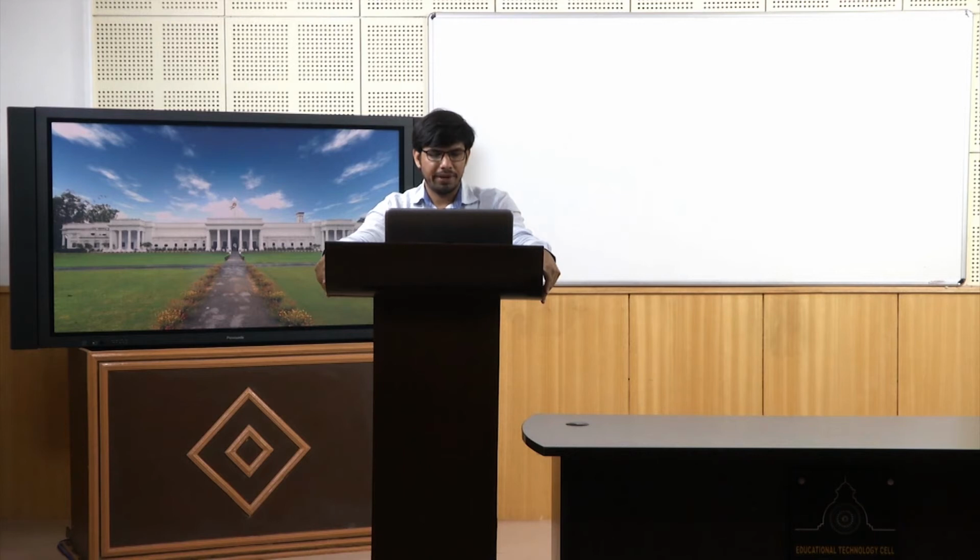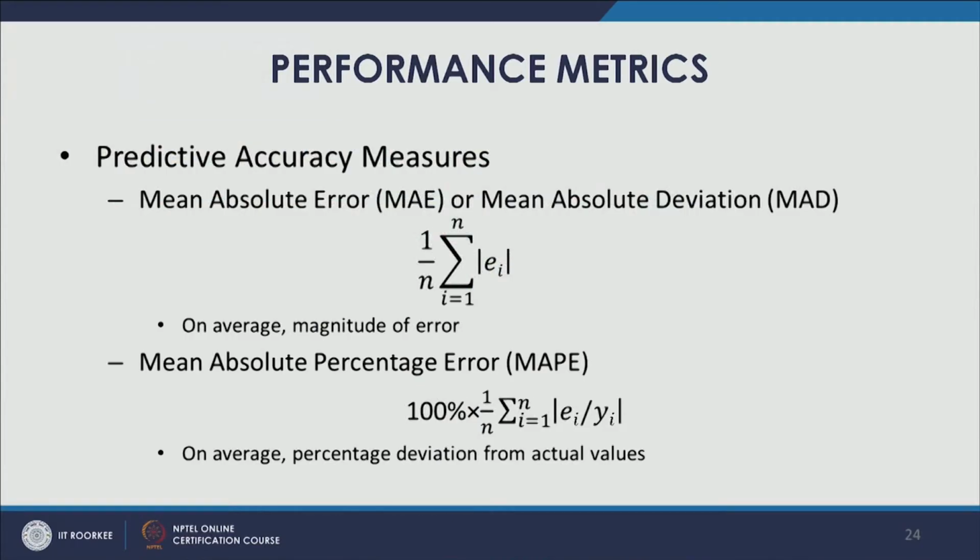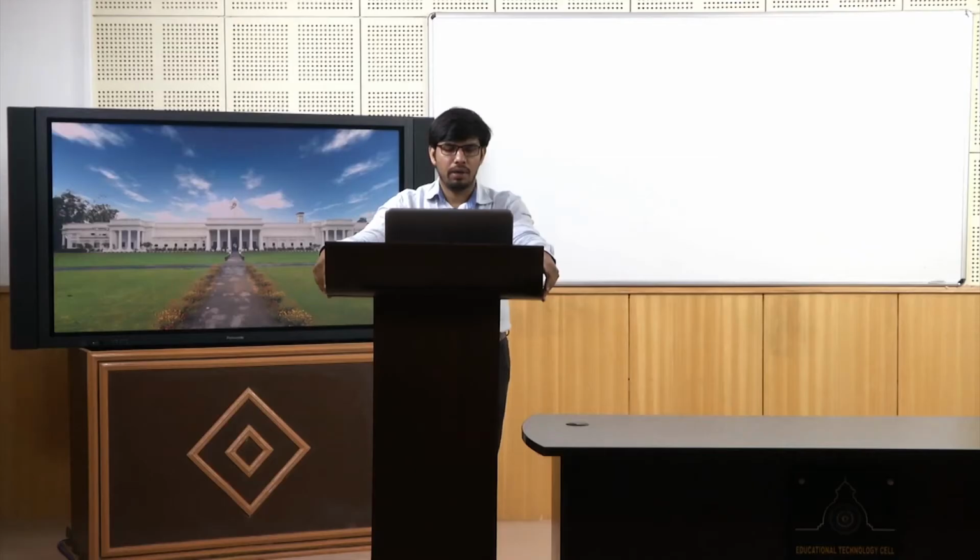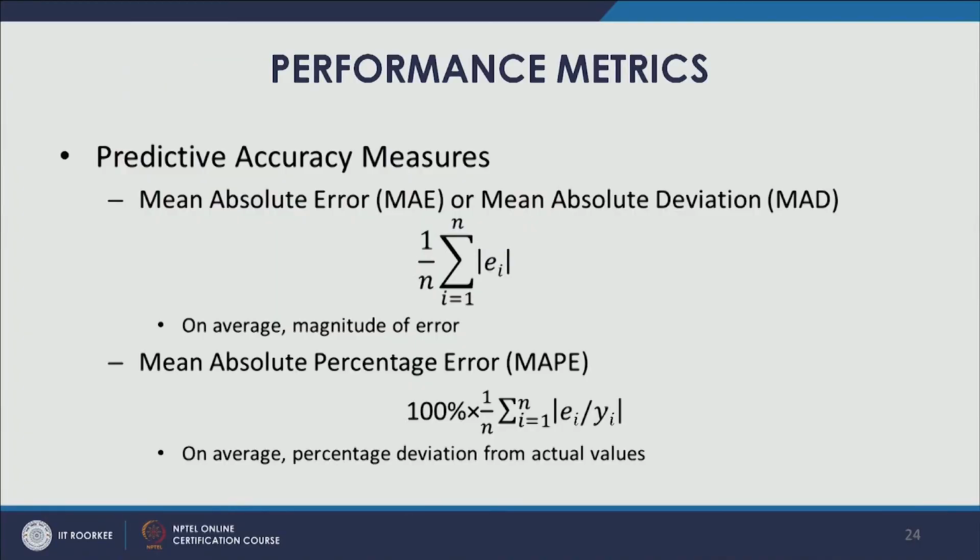The next metric is mean absolute percentage error, or MAPE. As the name suggests, we are still trying to compute absolute values, but now we are interested in percentage values rather than the actual values. To compute the percentage value, you would see that before the formula we have this 100%, it is multiplied by 100%, so that the percentage value can be computed.